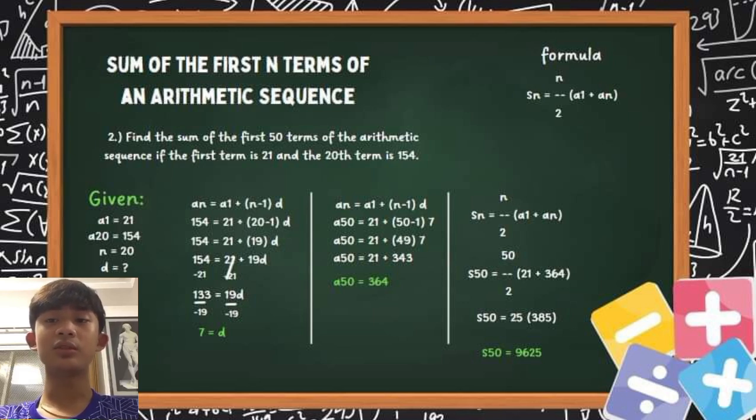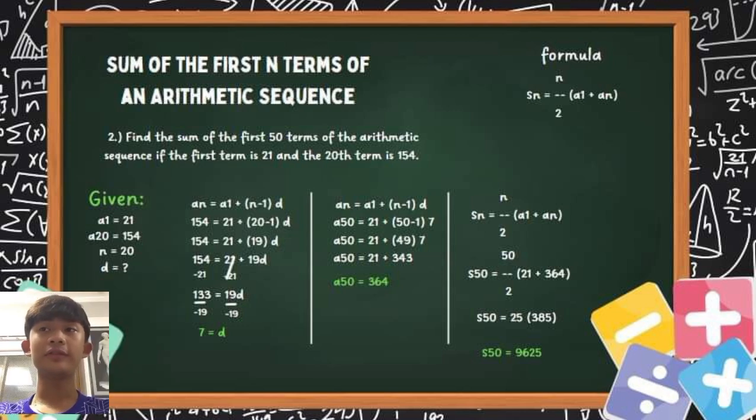After that, multiply 49 by 7, which is our common difference. 49 times 7 is 343. After we multiply them, now we are going to add them. 21 plus 343 is equal to 364. So our 50th term, or a sub 50, is equal to 364.